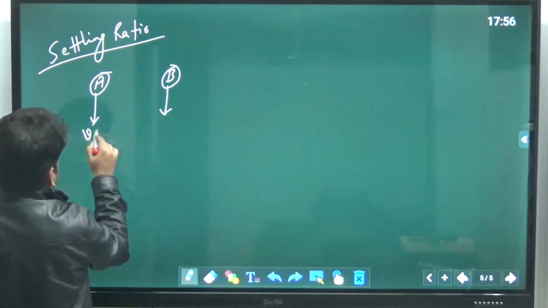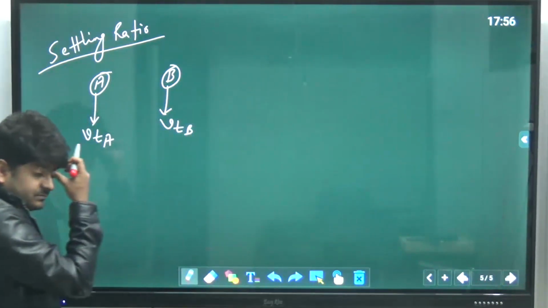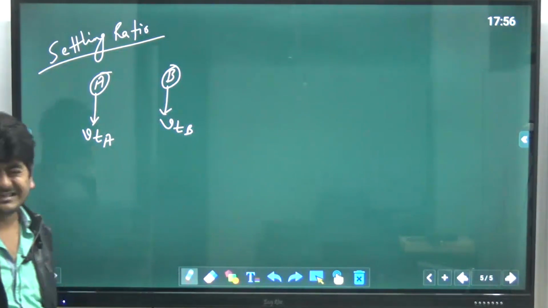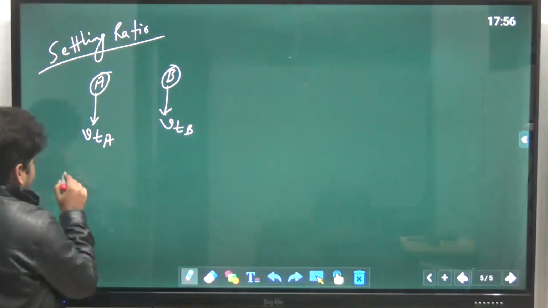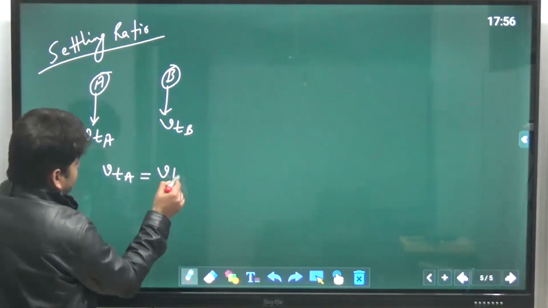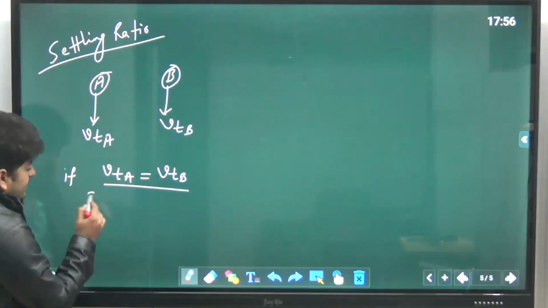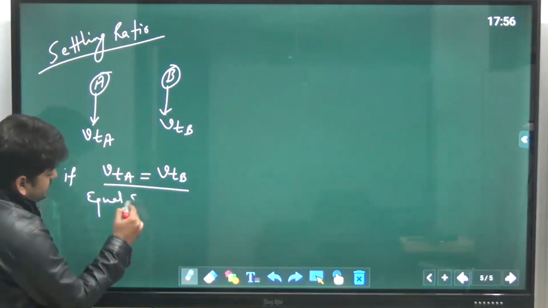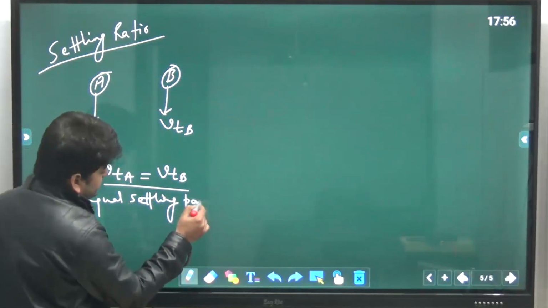The terminal settling velocity of particle A is Vta, for B it is Vtb, suppose. Or the hindered settling velocity as well, whatever settling velocity is there. If the settling velocities of these two particles are the same, then we will say these are equal settling particles.